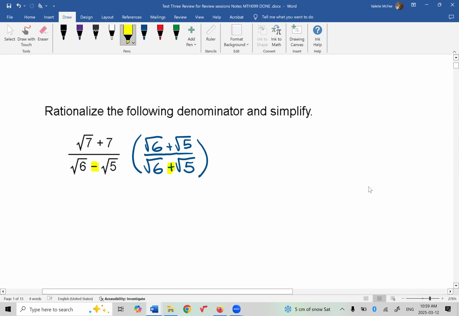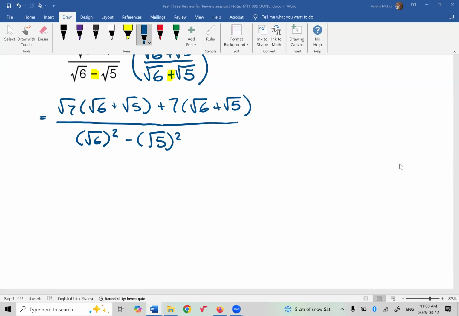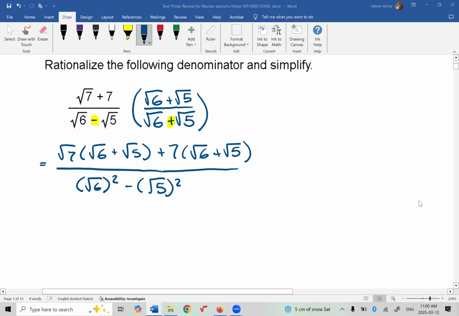Now we're multiplying binomials. In the numerator, we've opened the brackets by having the first term, root 7, multiply the second bracket, and then the second term multiplying the second bracket.